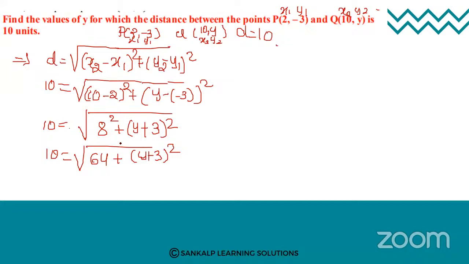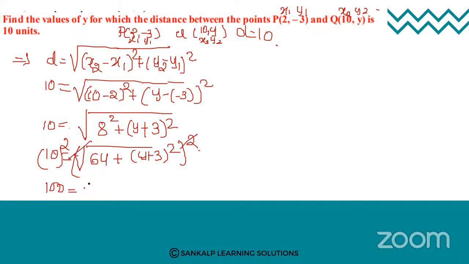Now, in order to remove the square root sign, what will we do? We will square on both sides. Square on both sides, and the square root sign will get removed, right? So 10 square gives you 100.